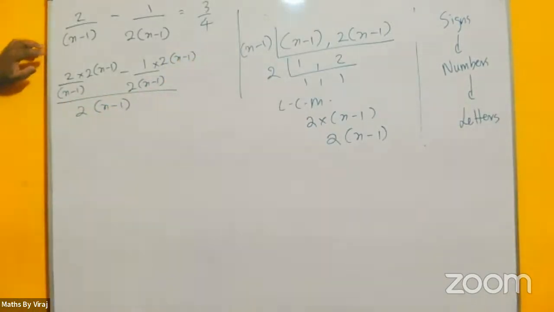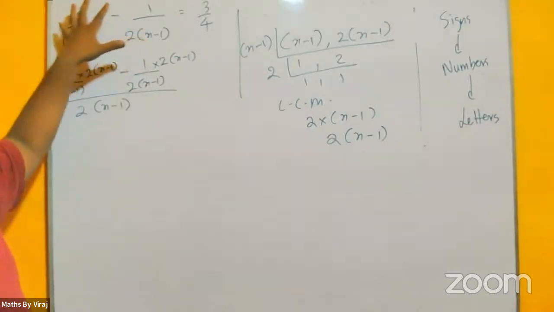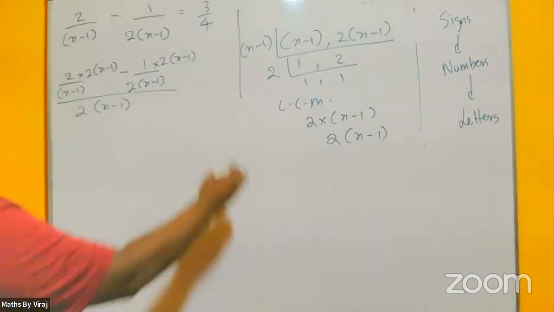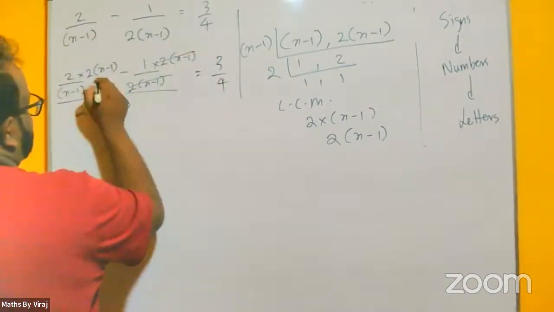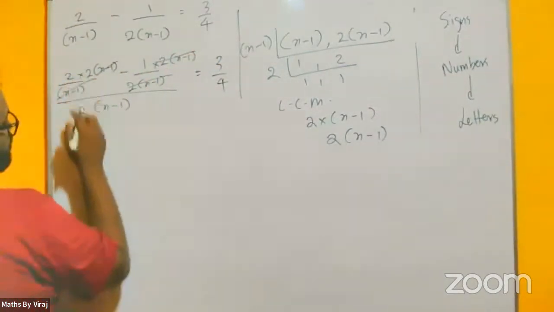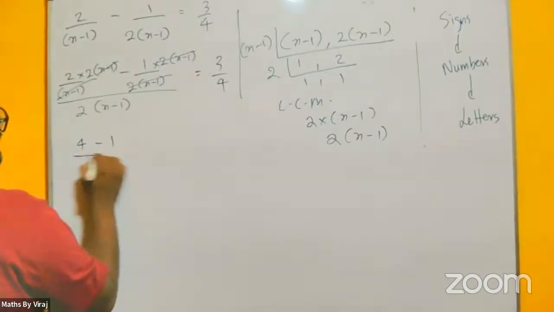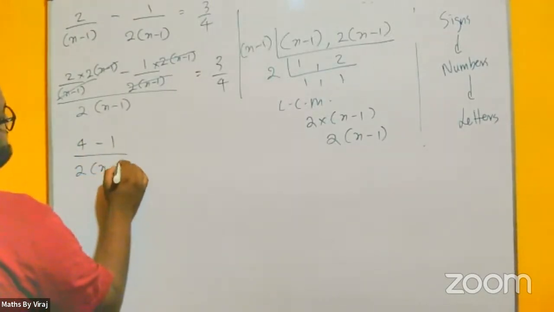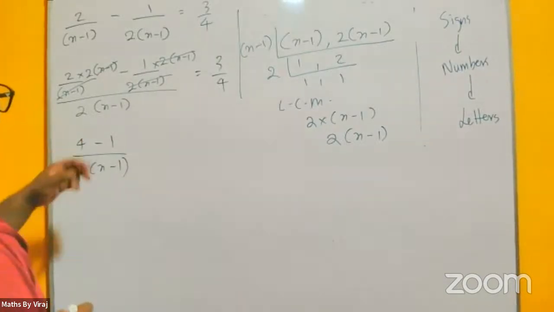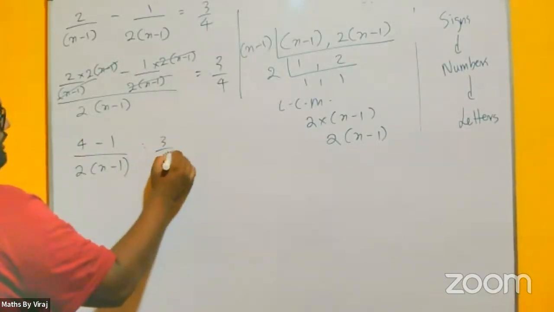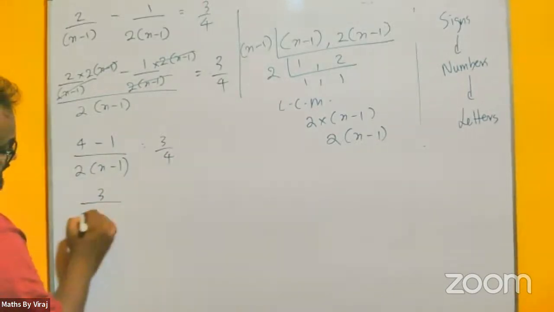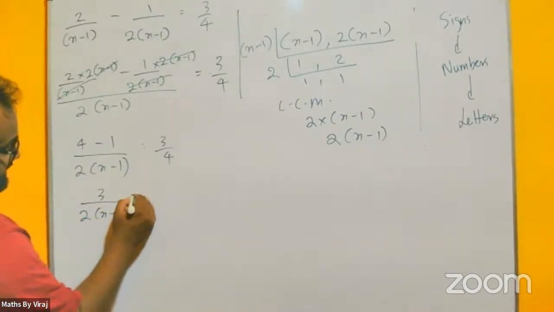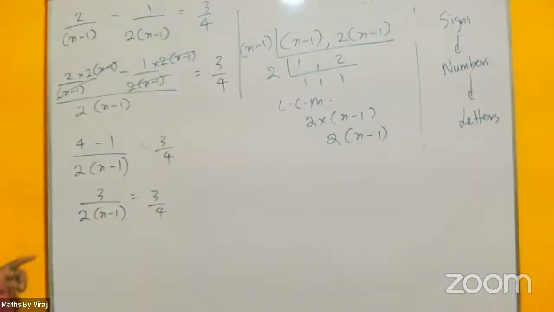When I say each and every fraction, only the fractions on this side. We are just going to leave 3 upon 4 as it is. We are not going to be concerned. Please simplify them. 2 times 2, 4, minus 1 over 2 times x minus 1 is equal to 3 over 4. Now what is it? 4 minus 1 is 3. 3 over 2 times x minus 1 is 3 over 4.